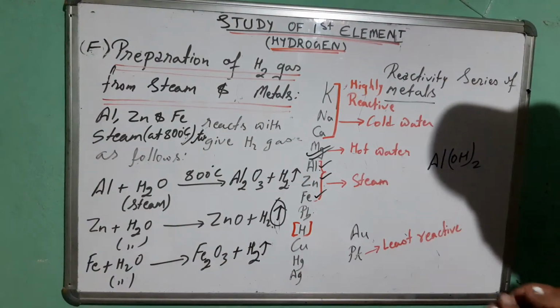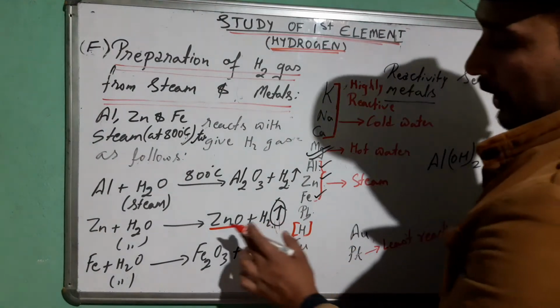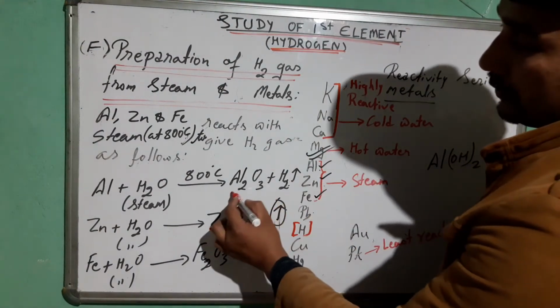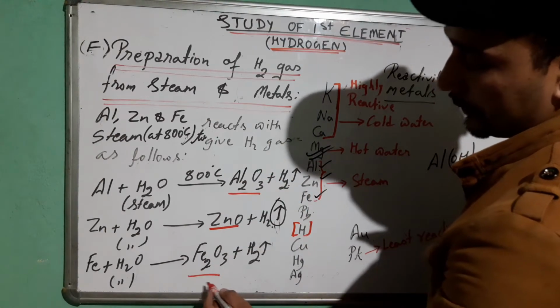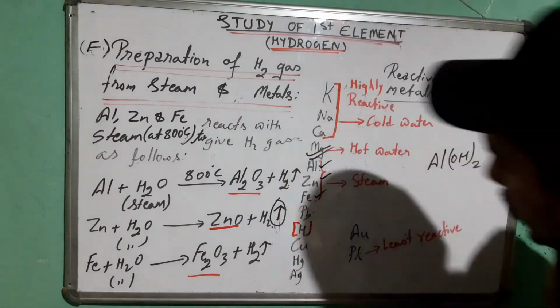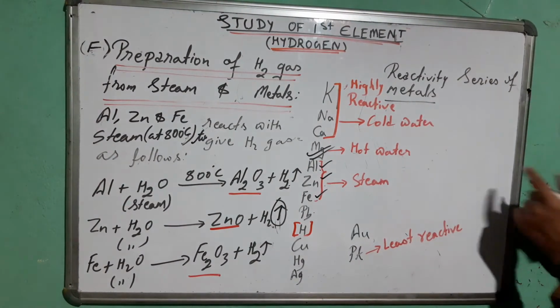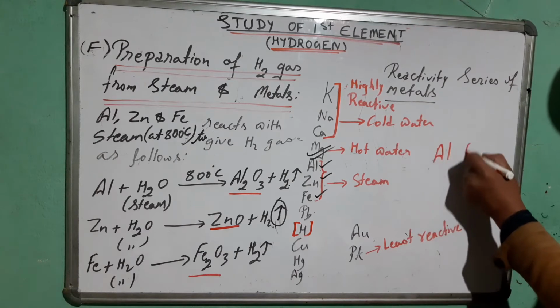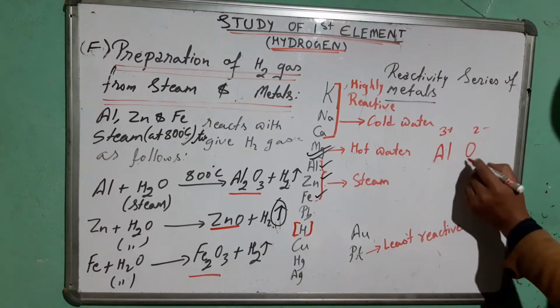And remember here, the formula of zinc oxide is ZnO, but the formula of aluminum oxide is Al2O3, and iron oxide is Fe2O3. This is because of their valency. See aluminum and oxygen. Aluminum's valency is 3 plus, oxygen is 2 minus, so it gets cross multiplied.